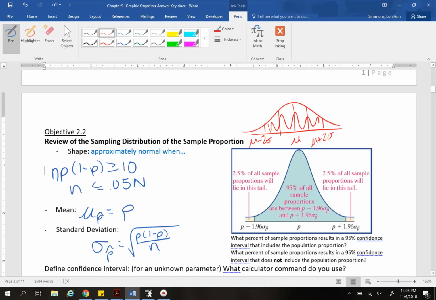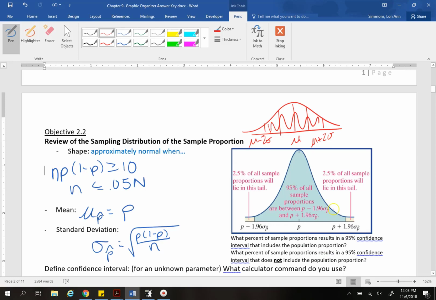If the 95% confidence interval does not include the population proportion, then it is more than how many standard errors away? It'd be 1.96, because if it was outside 1.96 standard errors or standard deviations, it's not included in your 95% confidence interval. So let's look at what percent of sample proportions results in a 95% confidence interval that includes the population proportion.